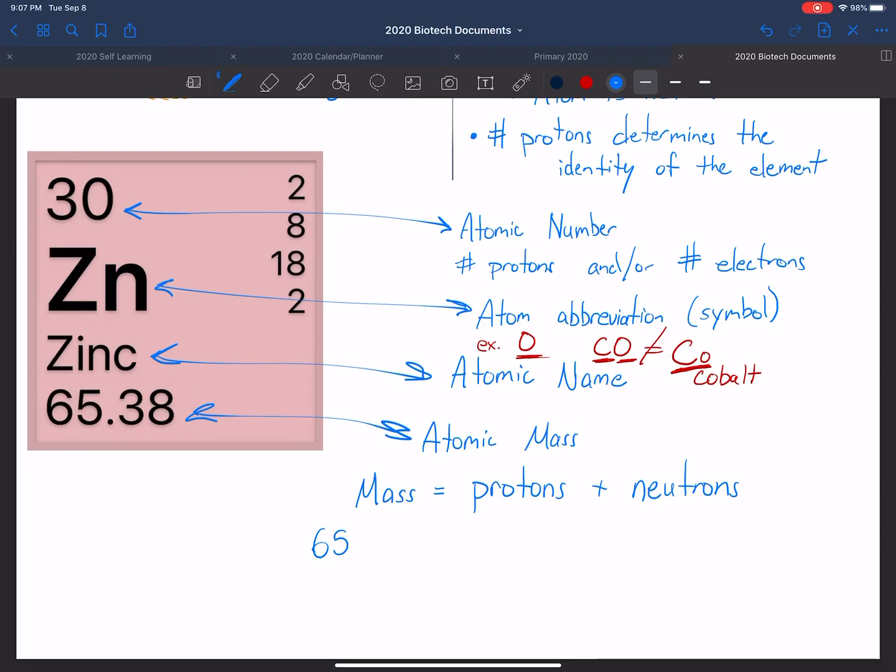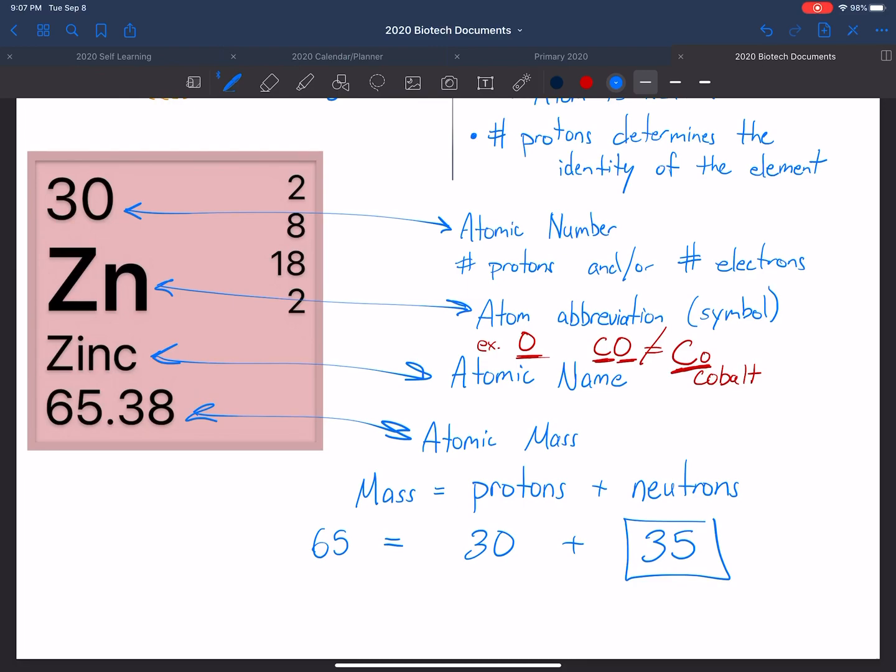I'm not going to worry about the decimals, and usually that's okay because these are whole numbers, and that's fine in this situation. So we have this mass of 65, we have 30 protons, so we need to figure out, okay, how many neutrons would make this work? And if I do 65 minus 30 and just do some simple mental math, I realize that zinc has 35 neutrons.